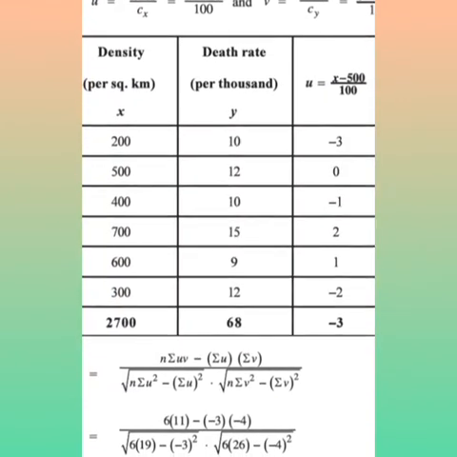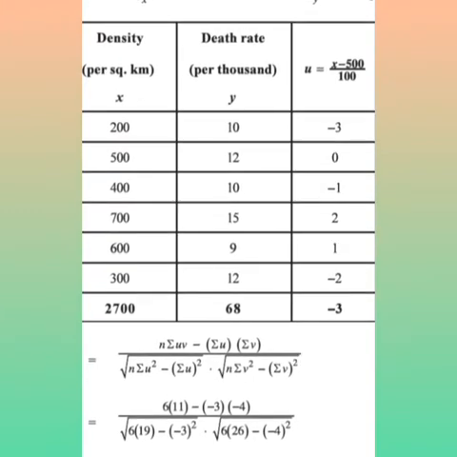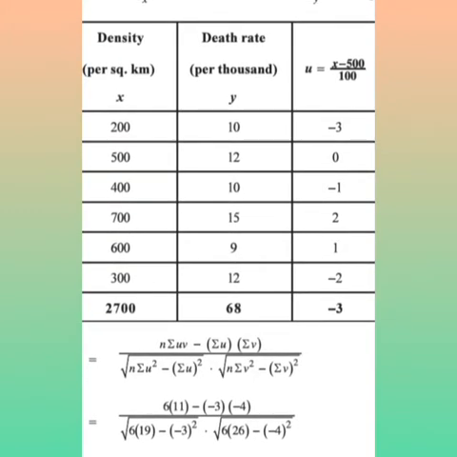See the third column, the first row and the last row: 400 minus 500 divided by 100 will give you minus 1, right? Similarly, 700 minus 500 divided by 100 will give you 2. 600 minus 500 divided by 100 will give you 1. 300 minus 500 divided by 100 will give you minus 2. If you total this column, it will come to minus 3. So that is how you got your u.